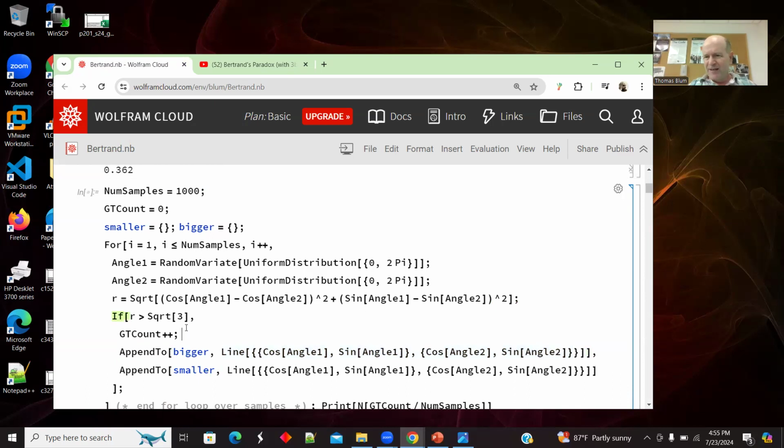So there are 3 things in an If separated by commas, but one of those things may involve multiple steps, and those are separated by semicolons. Okay. So I'm adding a line to bigger if the condition is true, and I'm adding that line to smaller if it's false. And then I'm also calculating again.